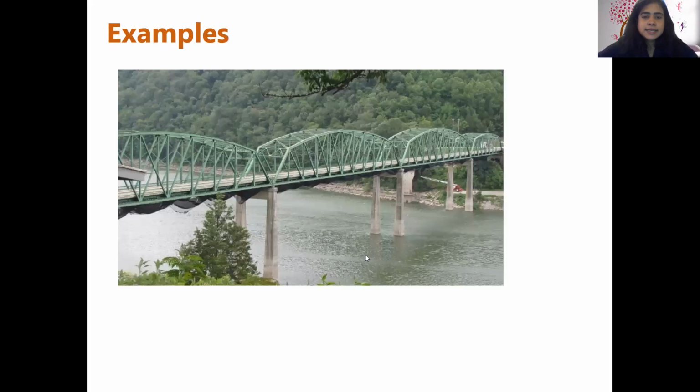Let's see some examples. The first one is bridge design. You can see there are many components in the bridge, and we make sure the bridge satisfies its purpose, for example passing vehicles or people across it.